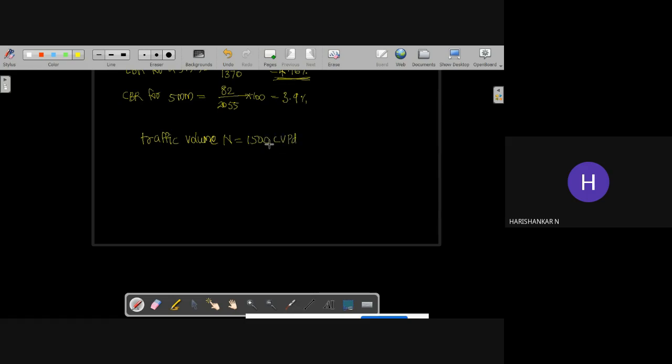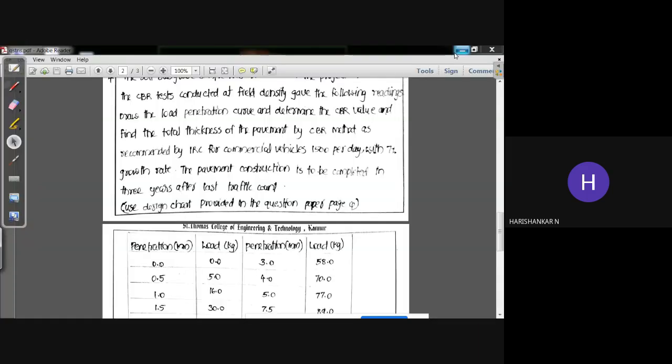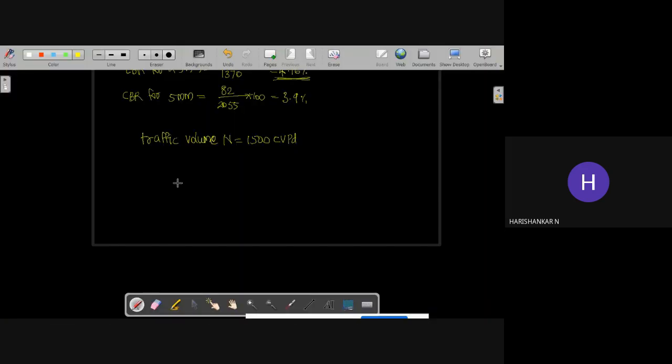CVPD means commercial vehicles per day. And 7 percentage traffic growth rate, so r value should be 7.